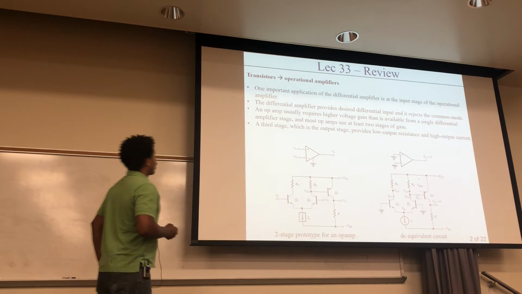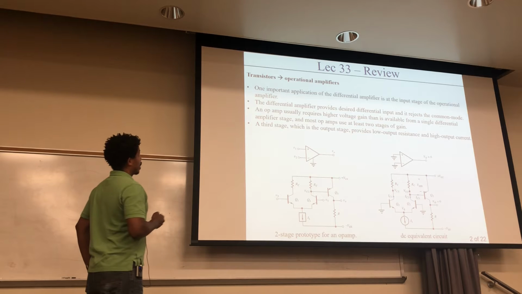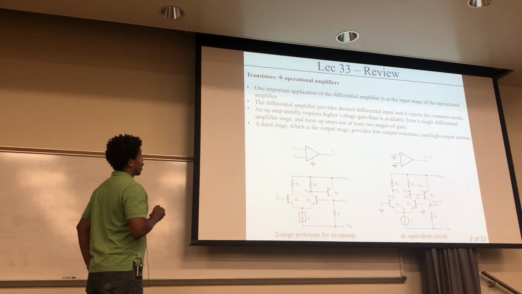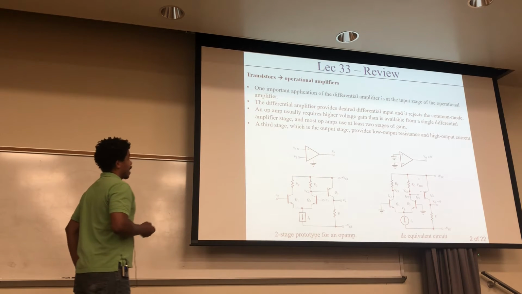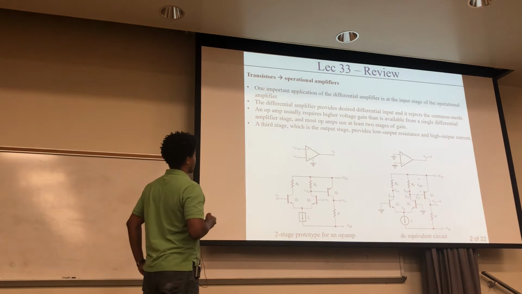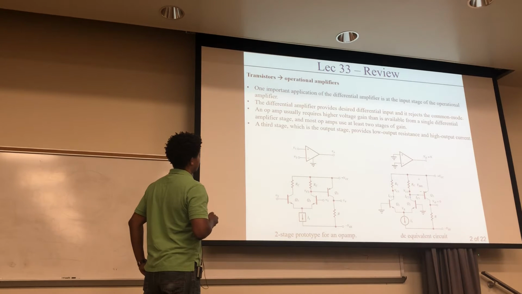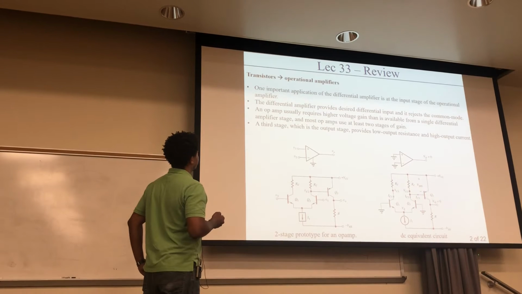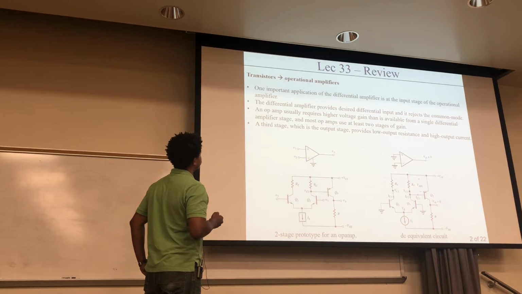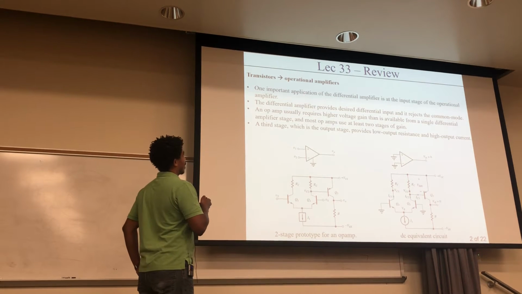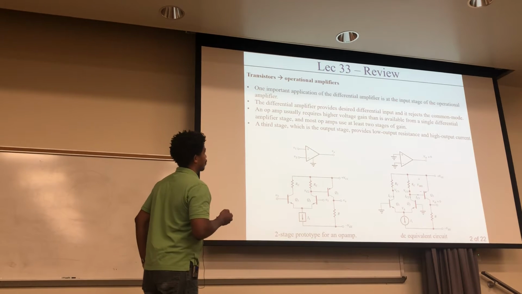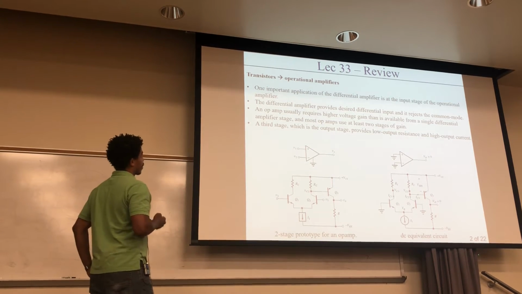33 review. We started getting into transitioning from transistors to operational amplifiers. We discussed an important application of the differential amplifier, which is at the input stage of the operational amplifier.